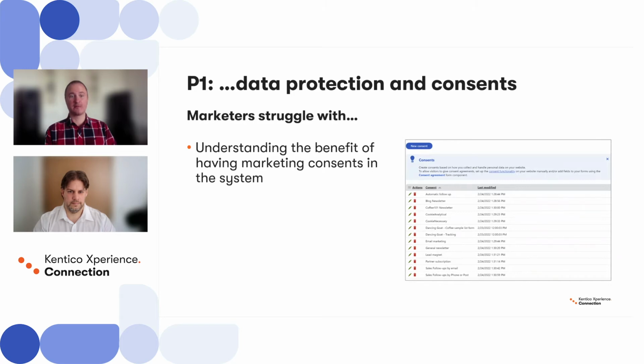First, you have this data available, and you know who consented to which thing, meaning for instance, consented to receive newsletters, or consented to some form that submits personal information. And you have an overview of these consents in Kentico, and again, you may use them to improve your segmentation or marketing processes in general.